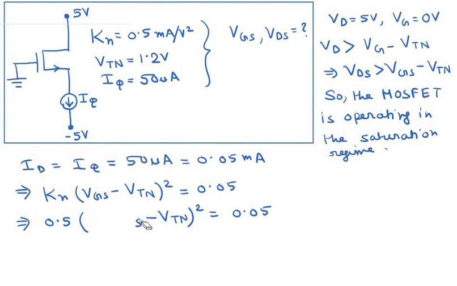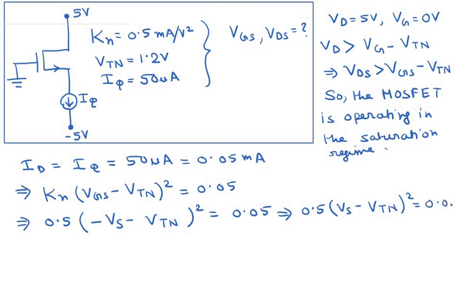So this equation becomes (minus Vs minus Vtn) whole square is equal to 0.05, which implies that 0.5 (Vs minus Vtn) square is equal to 0.05. So (Vs minus Vtn) square is equal to 0.1.